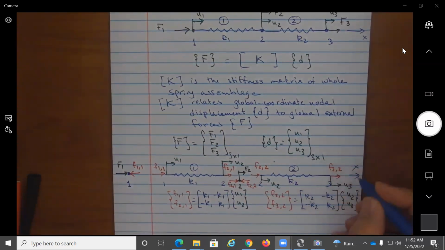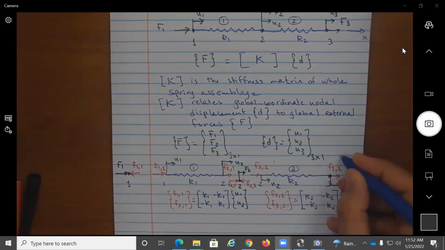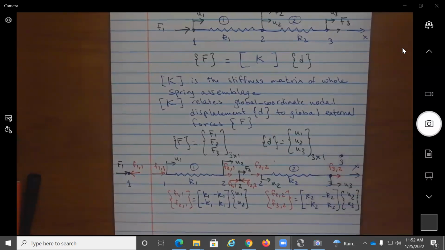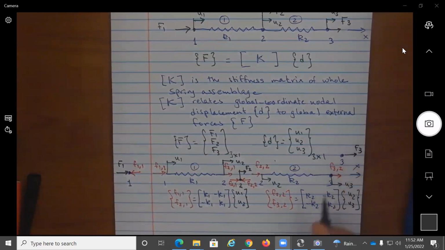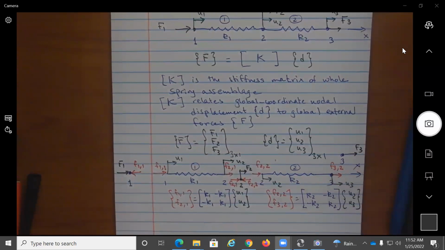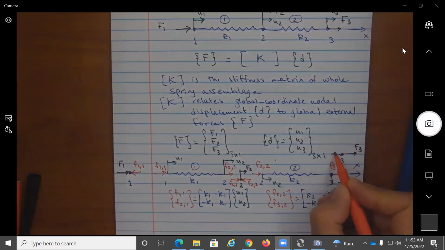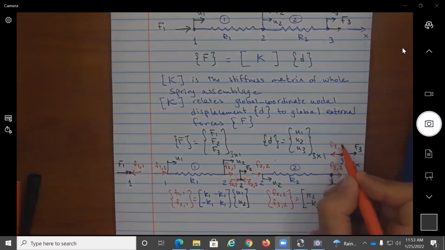Likewise, if I go to node 3, I have an external force, F3, and I have the element nodal force. I'm going to show the opposite and equal. I have F32.